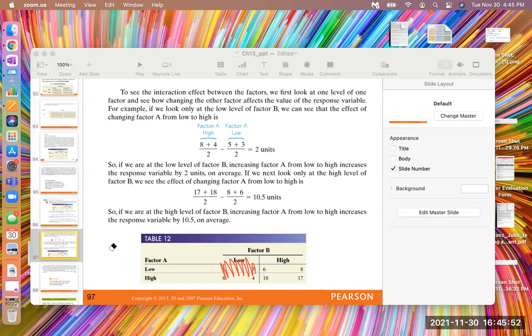So let's go on. Just so that you know, if there's interaction going on, we don't want to just jump to conclusions and say, well, medicine A works, because obviously there's more going on here. A only works when B is at a high level, right?